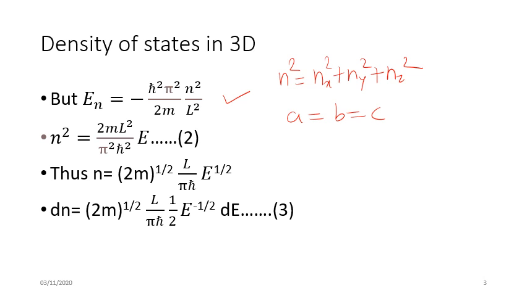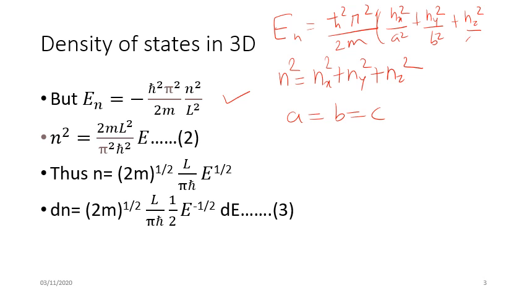If we consider a equal to b equal to c, our energy eigenvalue, which is given by h cross square pi square divided by twice m into nx square upon a square plus ny square upon b square plus nz square upon c square, becomes like this.